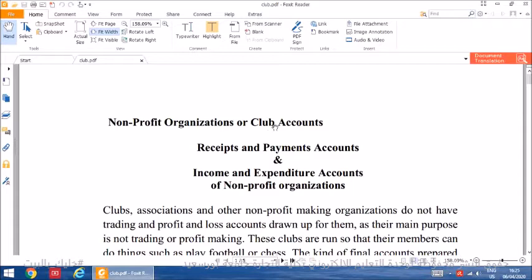Club accounts include two types of accounts: receipts and payments accounts, and income and expenditure accounts. So a non-profit organization, specifically a club, prepares two kinds of accounts: a receipts and payments account and an income and expenditure account.